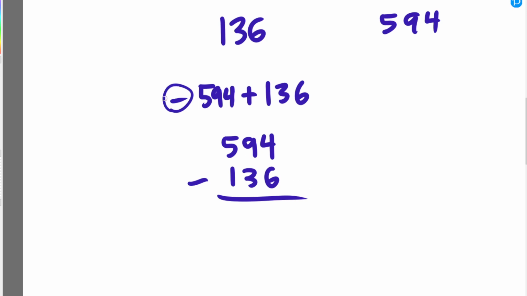We just need to keep the sign of the larger term. So we'll take this again, give that. 14 minus 6 is 8. And then 8 minus 3 is 5. 5 minus 1 is 4. So negative 594 plus 136 is going to give you negative 458.